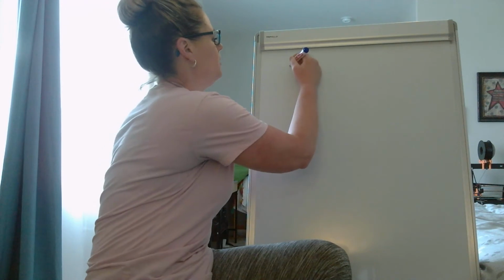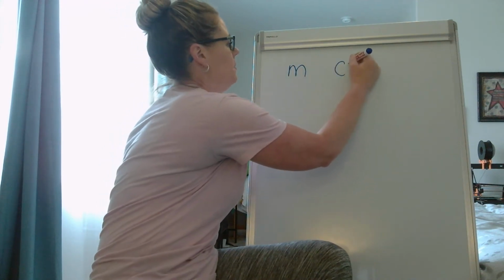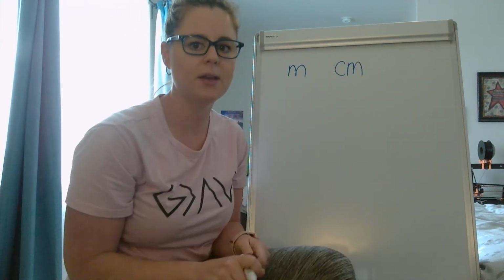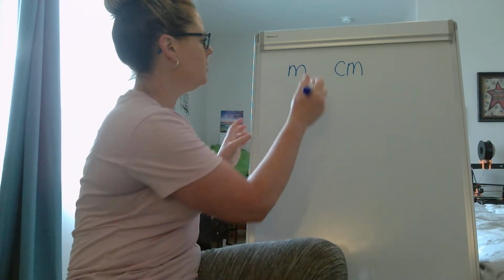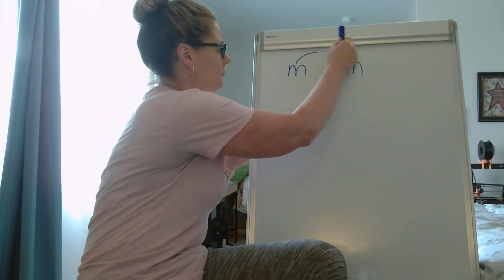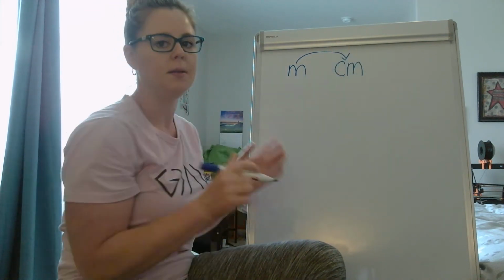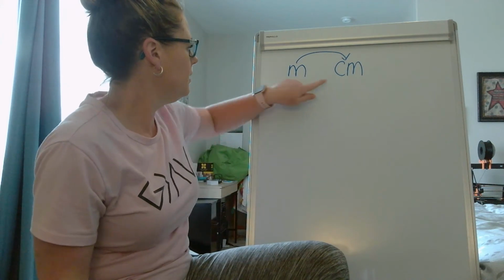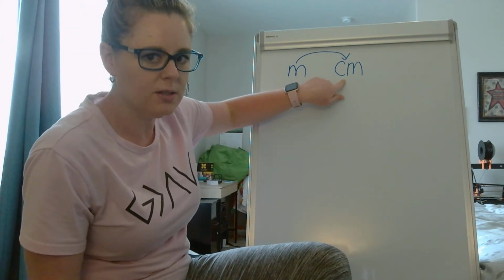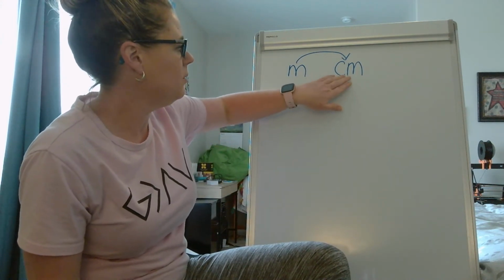First of all, that's what we want to always figure out. So what's the conversion? Meters to centimeters. The meter is bigger than a centimeter, so our numbers are going to be bigger here.